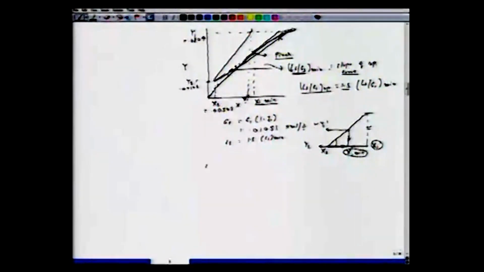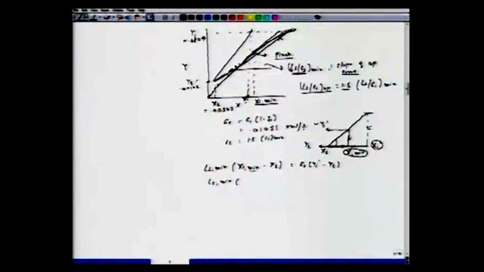So we can write down the operating line equation at the minimum conditions as L1 (x1 min minus x2) equal to Gs. So if we choose x1 min here, we have to read Gs (y prime minus y2), or we can also write Ls min if we read this coordinate.